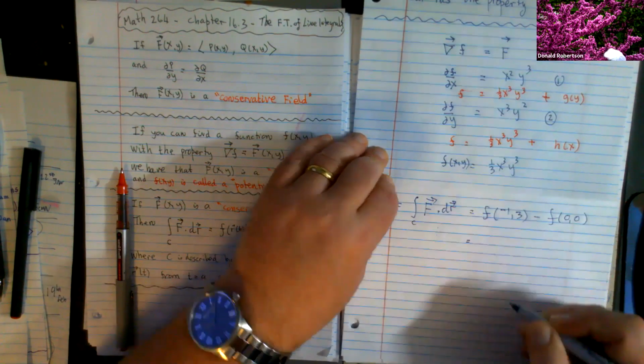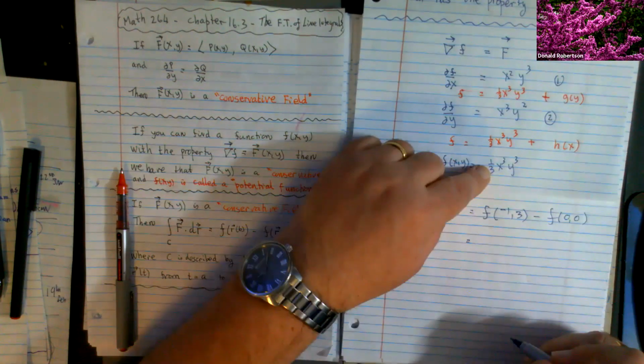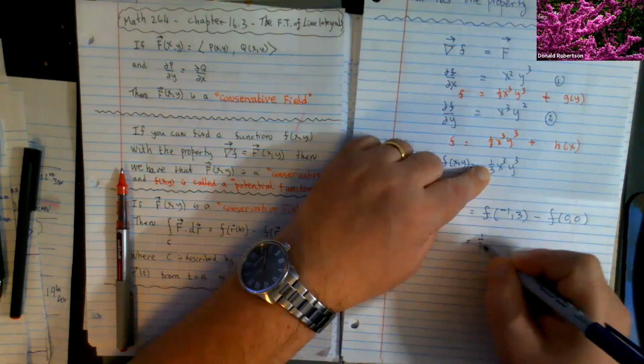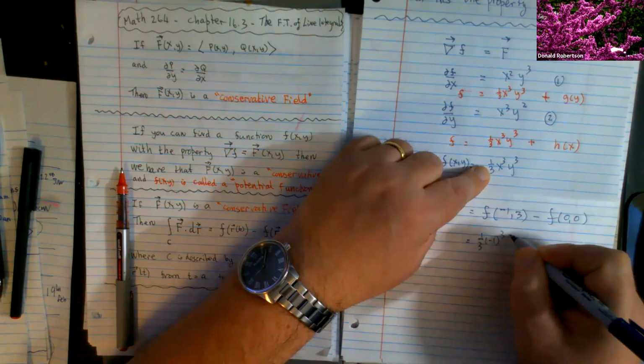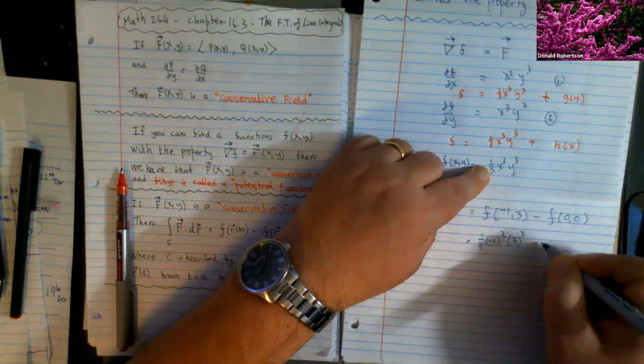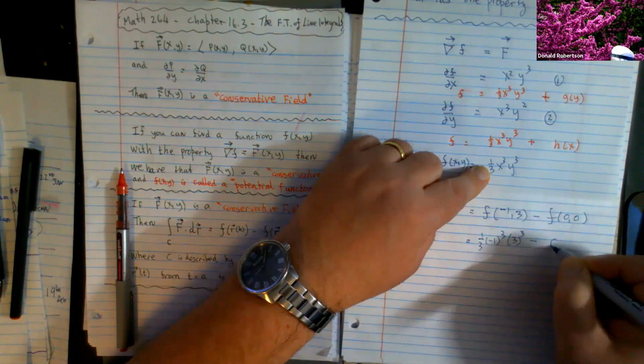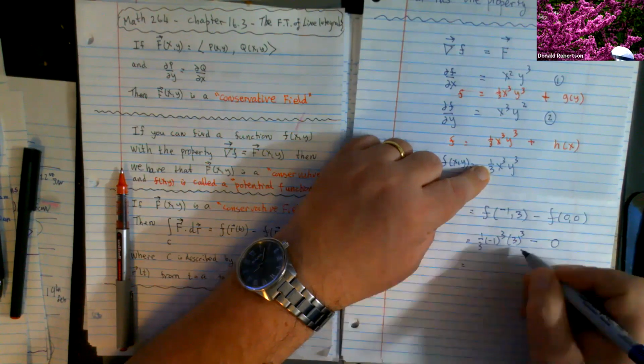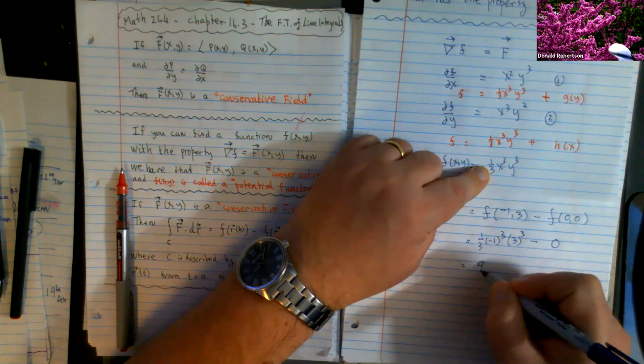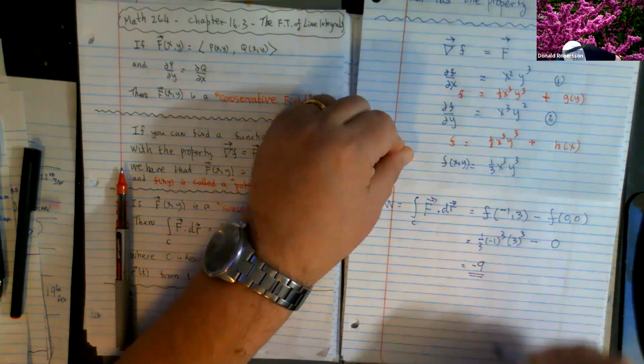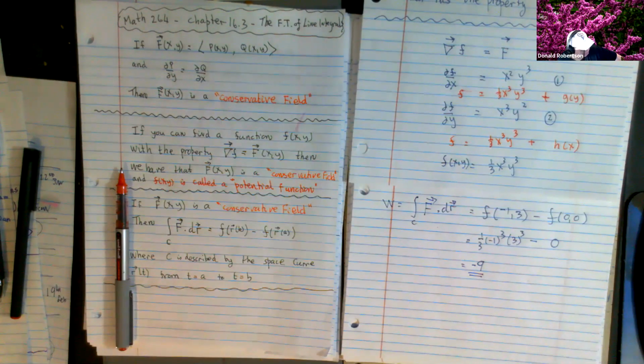And if you plug -1 and 3 in here, let's see what we get. We get 1/3, -1 cubed, 3 cubed, take away a whole load of zeros, and I get -9. Oh, good, it is the right answer. -9 evidently is allowed for the answer to the work done.